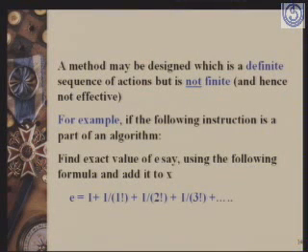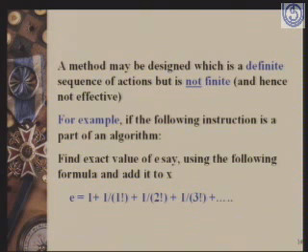We want to find the exact value of e. One way of finding the exact value of e is 1 plus 1 by 1 factorial plus 1 by 2 factorial plus 1 by 3 factorial and so on. Now, if we are required to find the exact value of e, then we must find all the values 1 by n factorial for all n greater than or equal to 1.